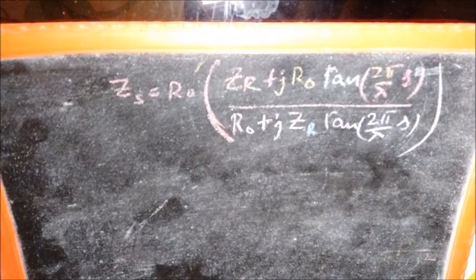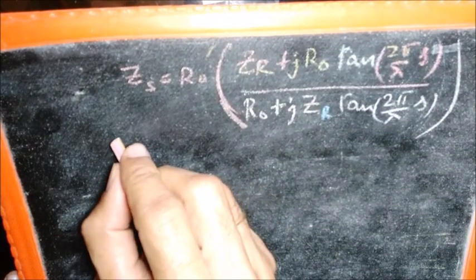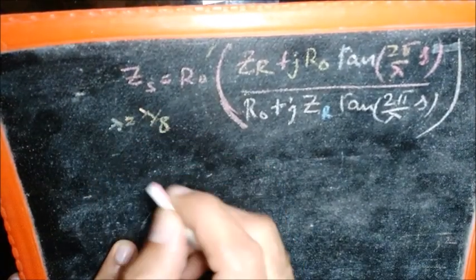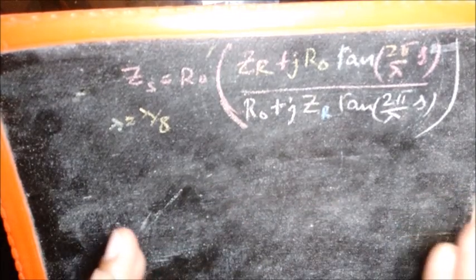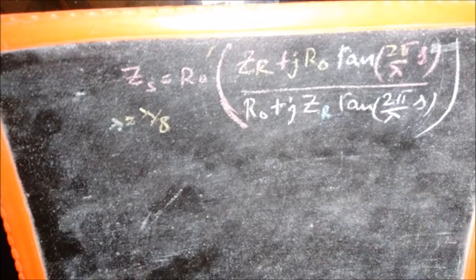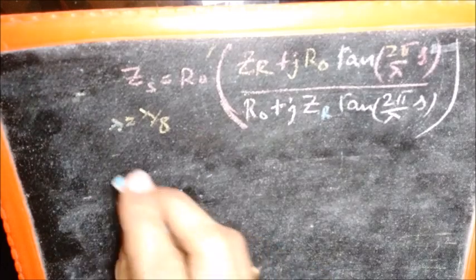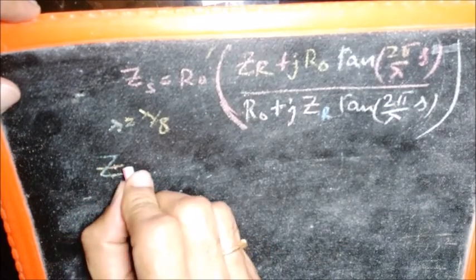The first case that we consider is, let's see what happens if S is equal to lambda by 8. That means the transmission line has a length equal to 1/8 the wavelength. If the wavelength is 2 meters, for example, then the length of the transmission line is 2 meters by 8, that is 1/4 meter. Let us see what happens to the input impedance of such a transmission line.